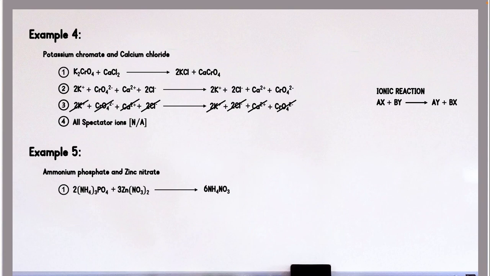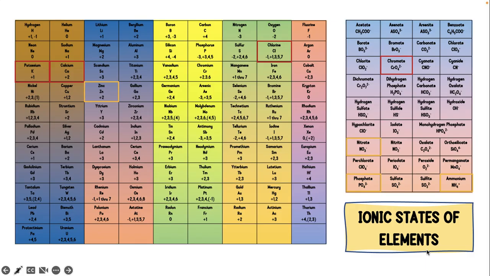And their products are ammonium nitrate and zinc phosphate. So as we have done before, we will find now the respective ions. Okay? So let's find their ions.